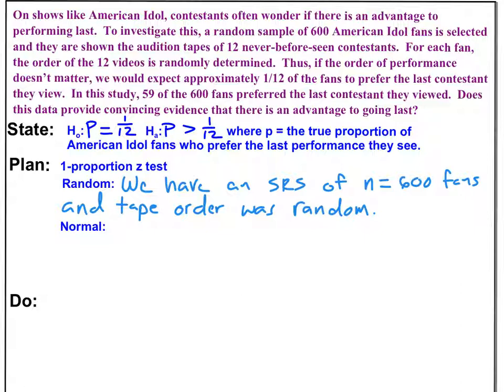For normal, n is 600, p is a 12th. I'm just going ahead and calculating these. That's 50. We have 600 times 11/12.